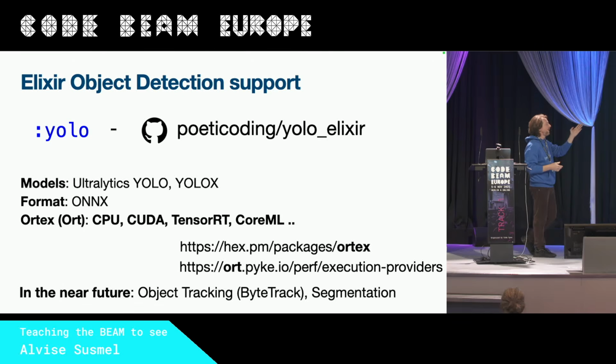The cool thing is it has a huge number of execution providers, meaning we can run these models on a huge list of different types of hardware, like CUDA, TensorRT, CoreML. So for example, CoreML is this computer here, a Mac. CUDA in case you have an NVIDIA, or like a Jetson Nano. If you have a Jetson Nano, you can use this library straight away.